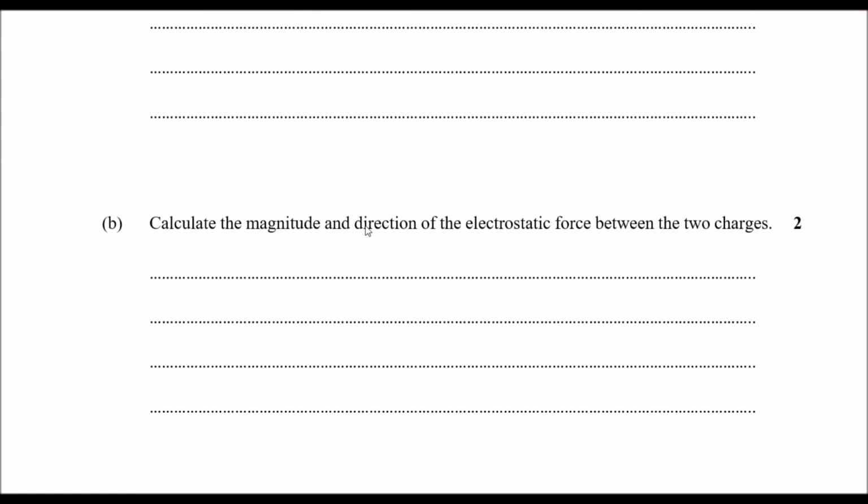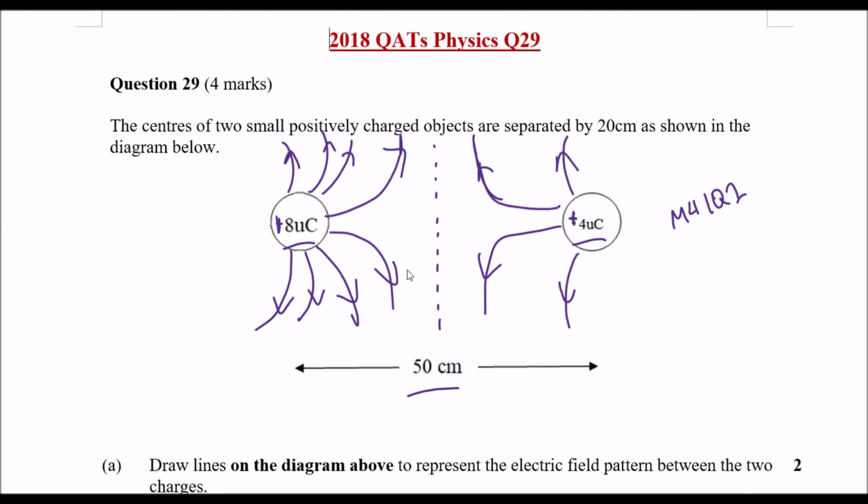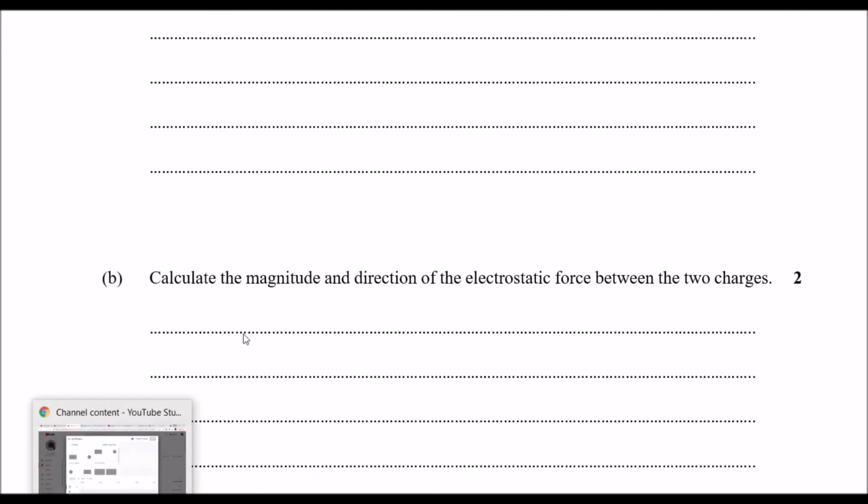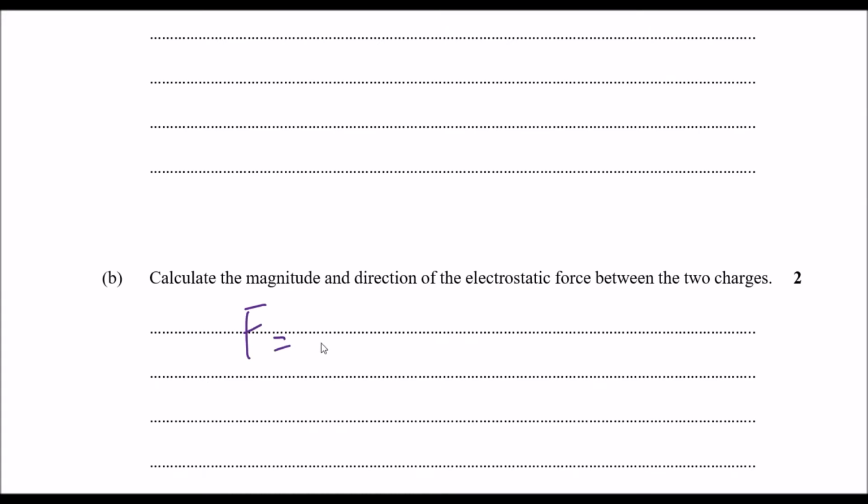And then the next question says, calculate the magnitude and direction of the electrostatic force between the two charges. Okay, so we have these two here. The formula we're going to be using is F equals 1 on 4 pi epsilon naught times Q1 Q2 over r squared.